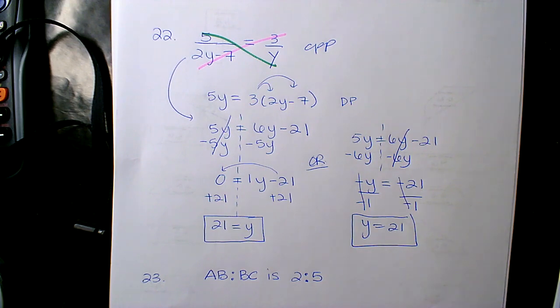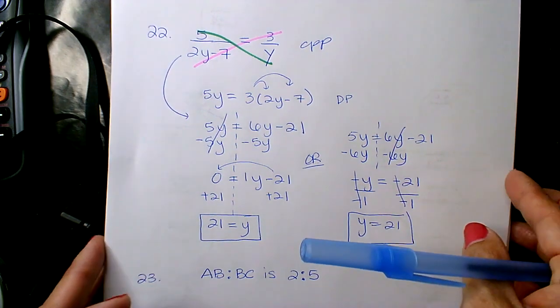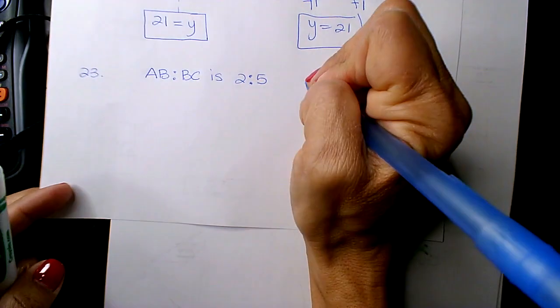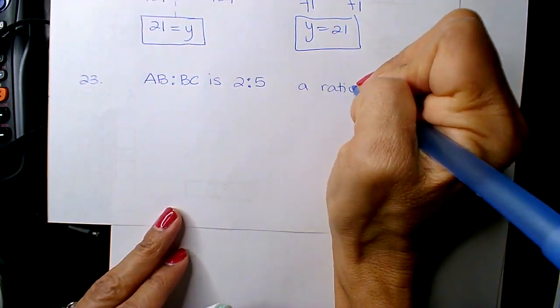Okay, first of all, a ratio can be expressed 3 ways.